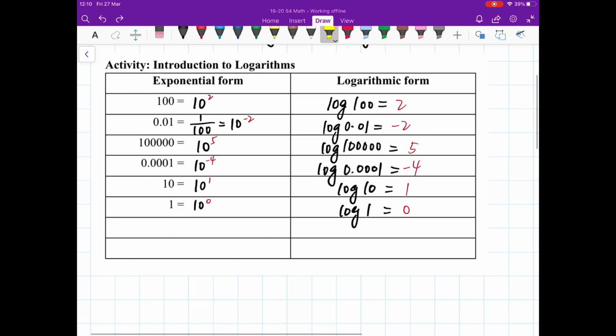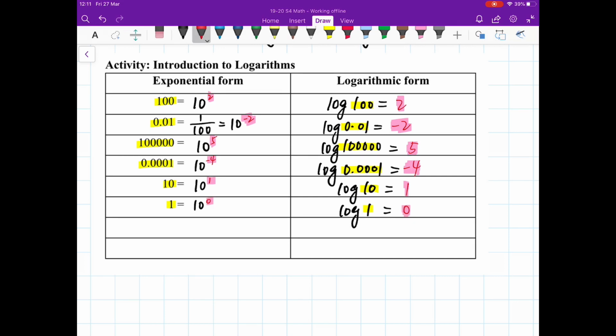If you take log of a certain number, the result must be the same as its index with base 10. And it must be true.